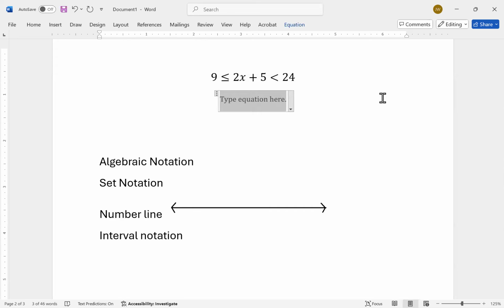So let's go ahead and do that. Let's subtract 5 from all three sides, the left side, the middle, and the right-hand side. If I do that, I'd get 4 less than or equal to 2x less than 19.